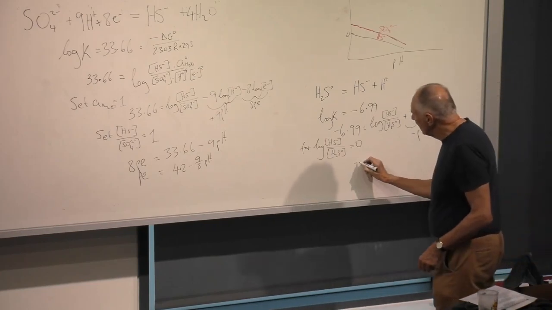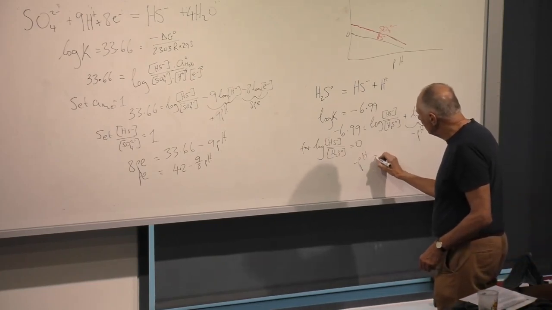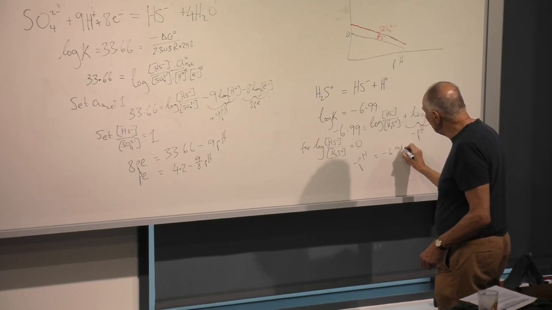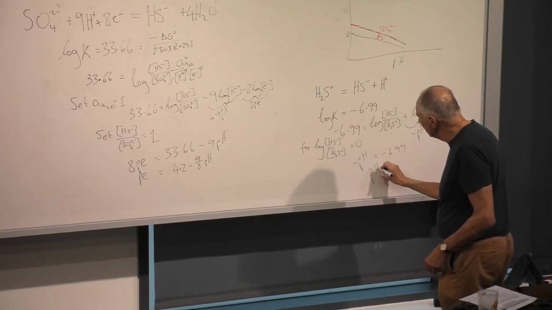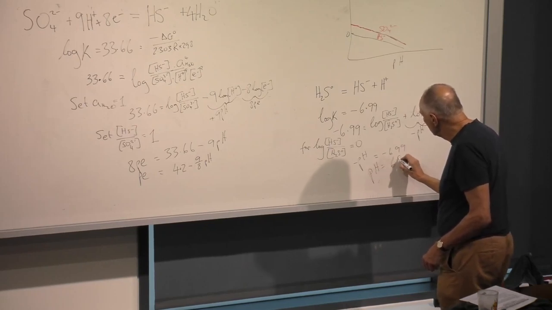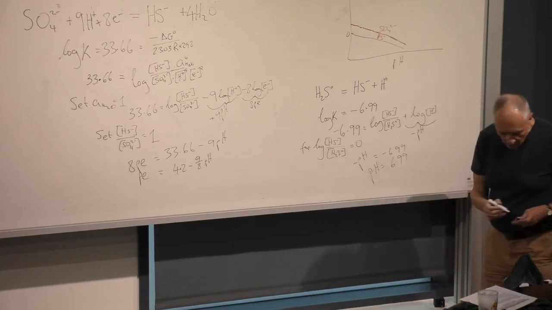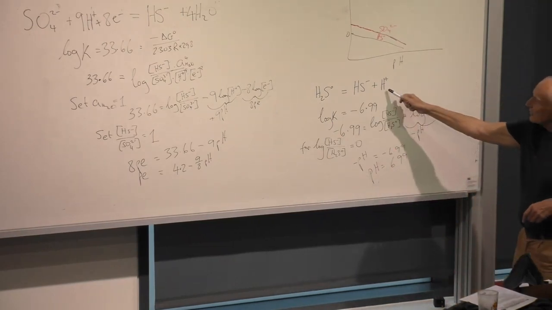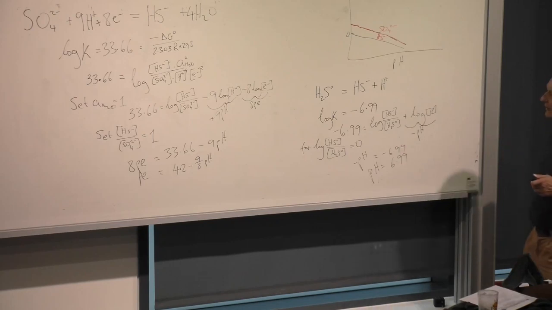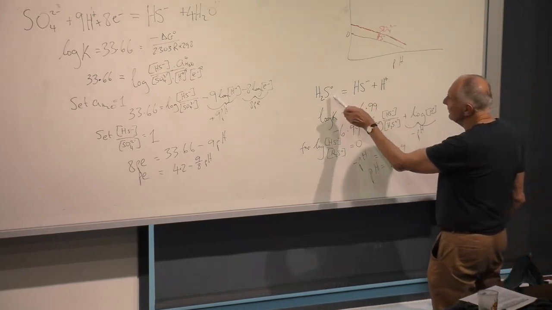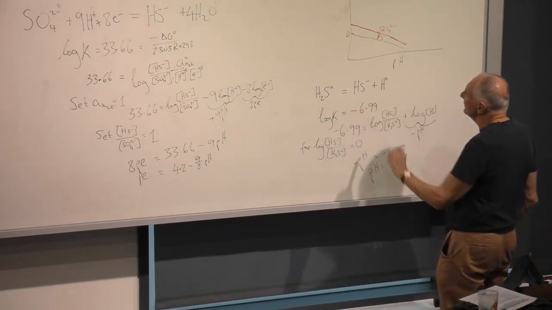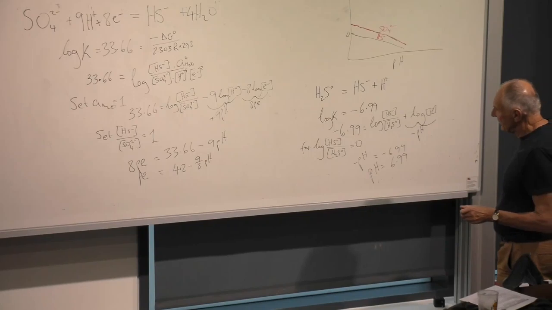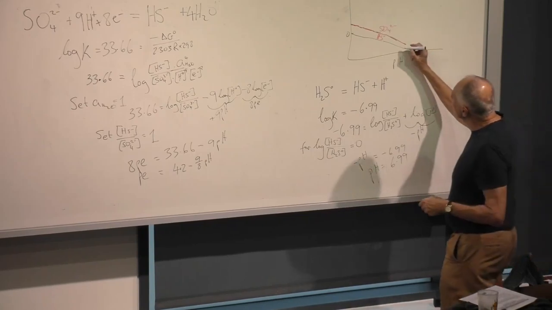Minus pH equals minus 6.99, so pH equals 6.99. And of course, it's independent of pe because there are no electrons lost or gained in this reaction. Okay? So the oxidation state of sulfur is the same in bisulfide as in H2S. So there'll be a vertical line.